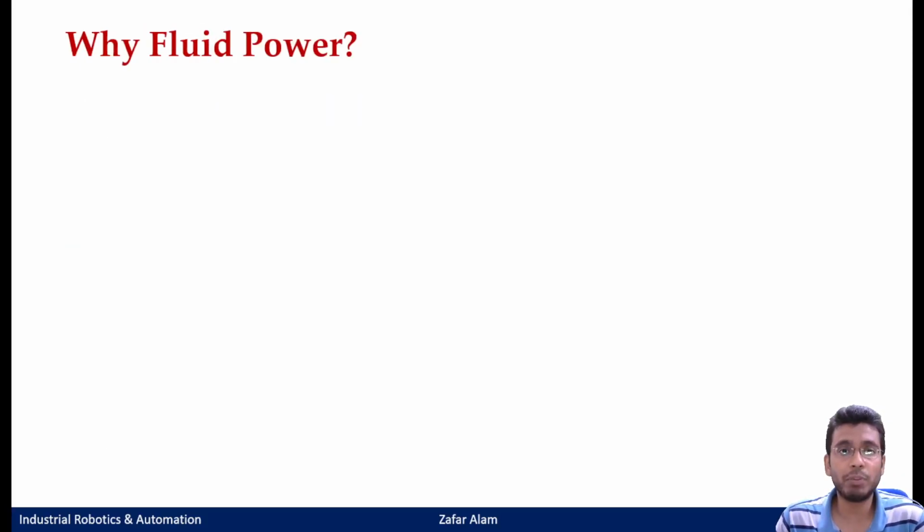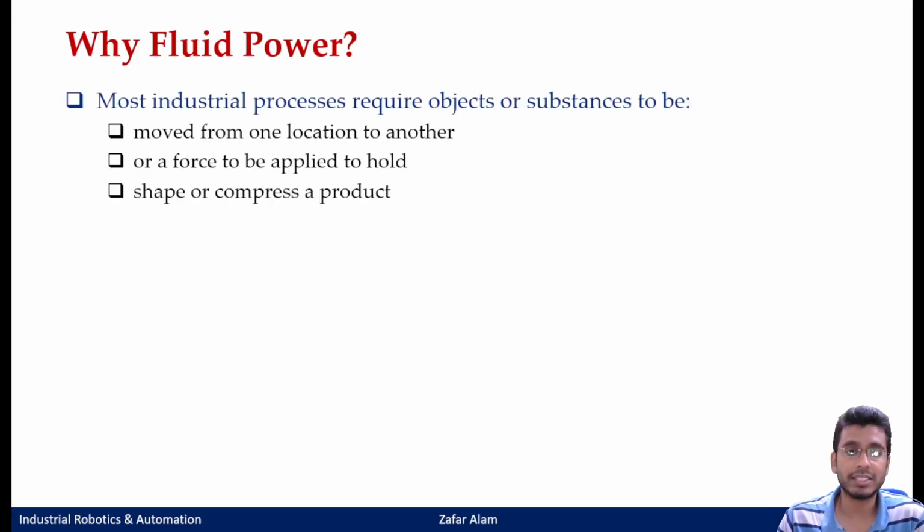So why fluid power? Okay, the question arises, why is it fluid power? If you see most of the industrial processes, basically if you just imagine your manufacturing processes, most of them either have a movement from one location to the other, or second, you require a force either to hold a load against something or to press a workpiece against something.